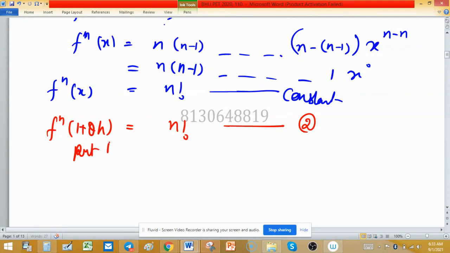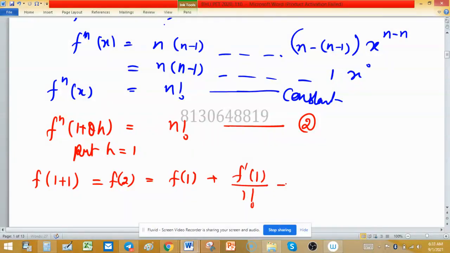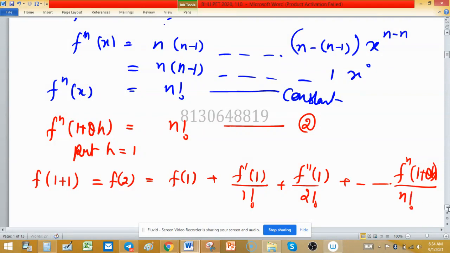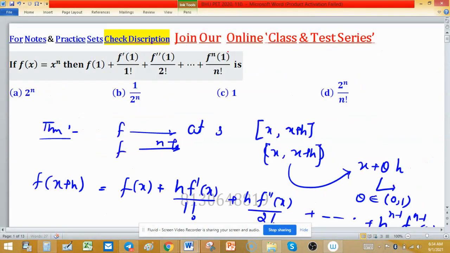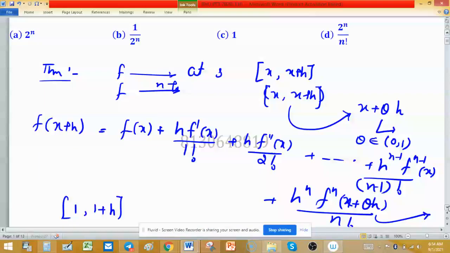So put h = 1, then f(1+1) will be f(2), and from equation 1 I can write f(2) = f(1) + f'(1)/1! + f''(1)/2! and so on up to f^(n)(1+θh)/n!. But in the asked problem, we have to find f^(n)(1).